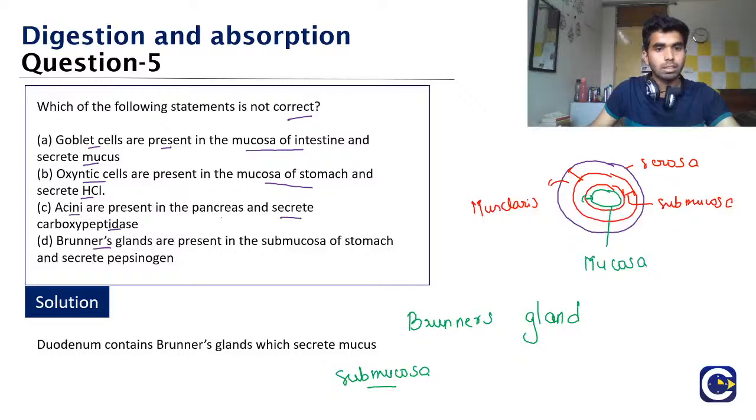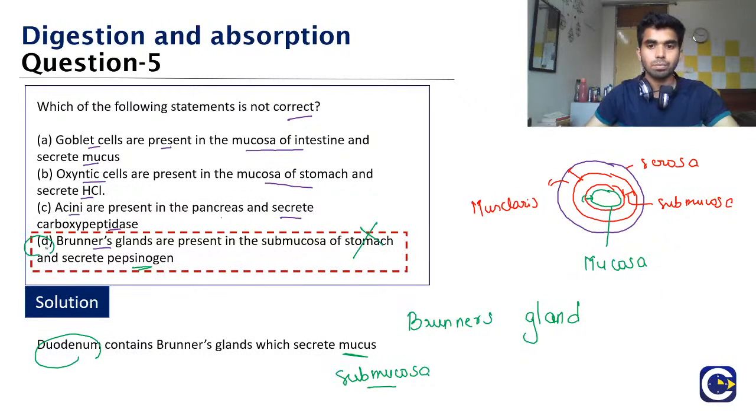It is present in the submucosa of the duodenum and not the stomach. It secretes mucus. It doesn't secrete pepsinogen. Pepsinogen is secreted by the chief cells or the peptic cells. So the answer for this question is option B.